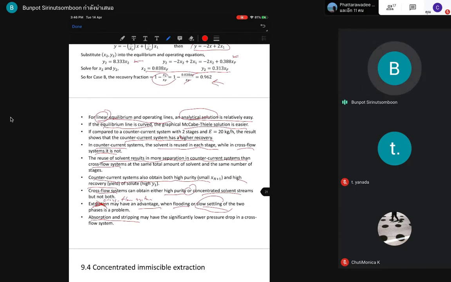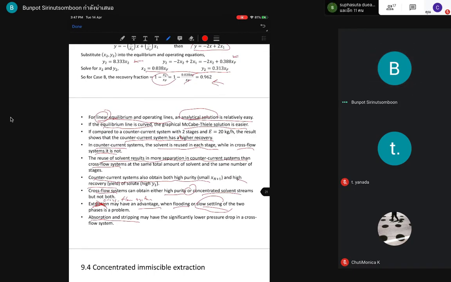And maybe if you have a big problem with the pressure drop with the counter current technique, then you may want to consider cross flow instead. A cross flow system will have less problem with the pressure drop than the counter current. Okay, so keep that in mind.